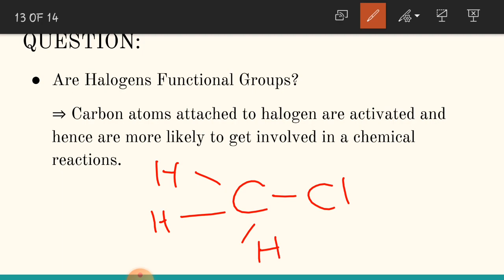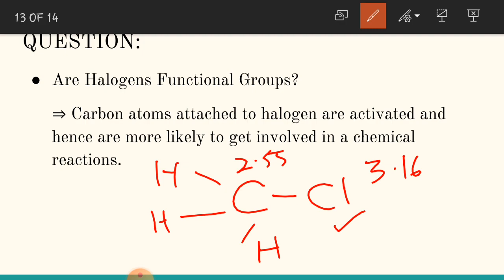Now, if you see the electronegativity value for carbon and chlorine here, the electronegativity value for carbon is 2.55, whereas for chlorine it is 3.16. Now you may see here that this chlorine is more electronegative than the carbon atom.